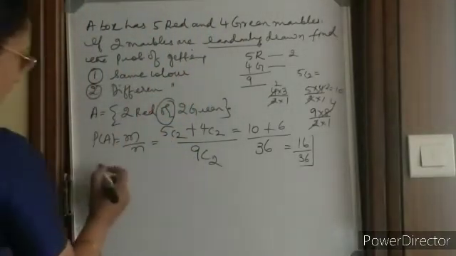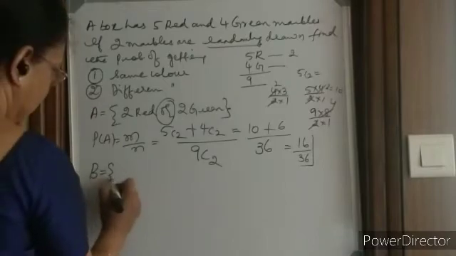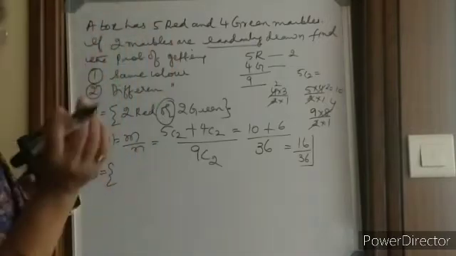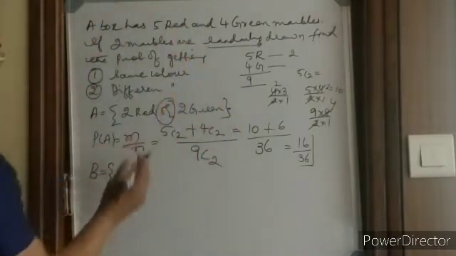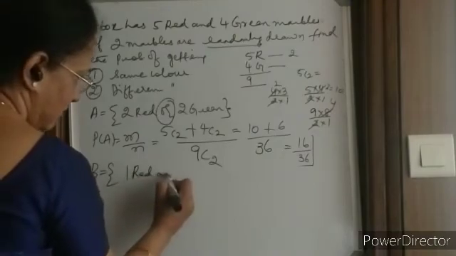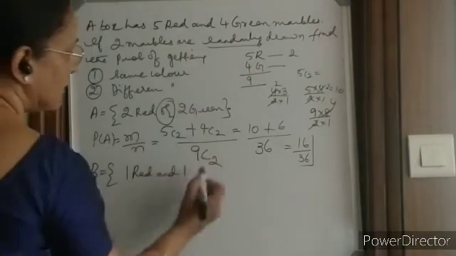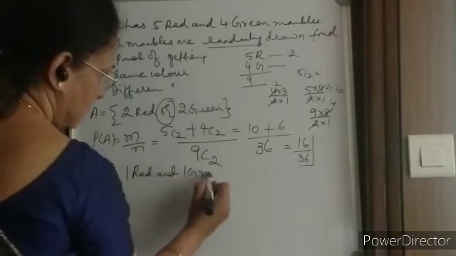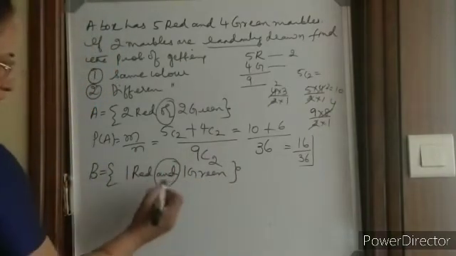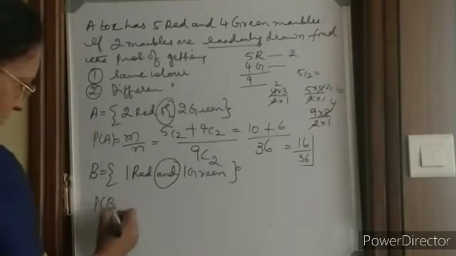Now coming to the second part. So what is B? Different colors. What does it mean? Different means one should be red and the other should be green in color. So one is red and one should be what? Green. Here we have the word and. So whenever you have and, it means it is multiplication.